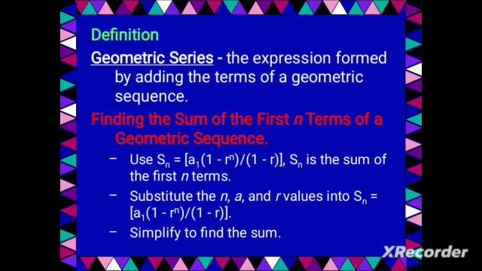So we'll be finding the sum of the first n terms of a geometric sequence. So we use the formula to get the sum of the first n terms, then substitute n, a, and r values into the formula, simplify to find the sum of the n terms.